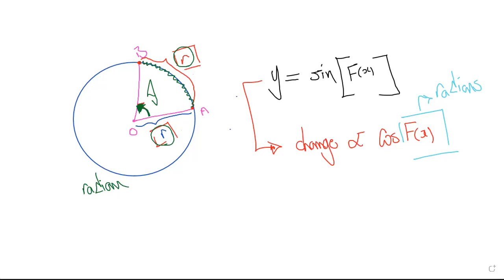Now, we also talked, it was not yesterday, it was 2 days ago, that in terms of the degrees that we have learned so far, how many degrees is a circle?